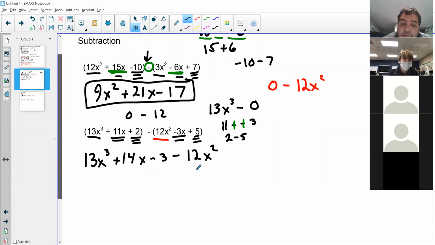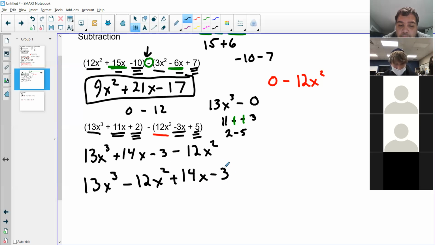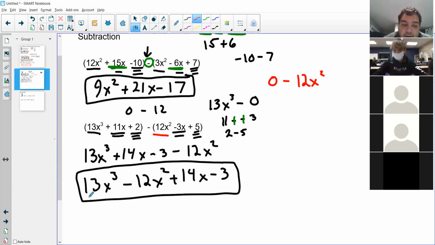Someone could unmute themselves. What do I have to do before I finish? You have to sort them by their exponents. Good. By their exponent, their power, or their degree, however you say it. Squared. Now notice here, you see how this number in the front is smaller than this number?